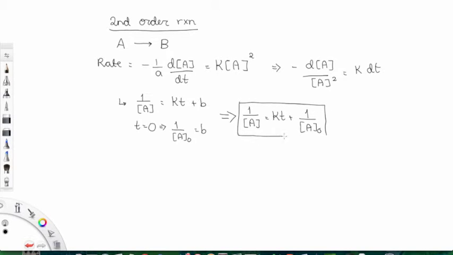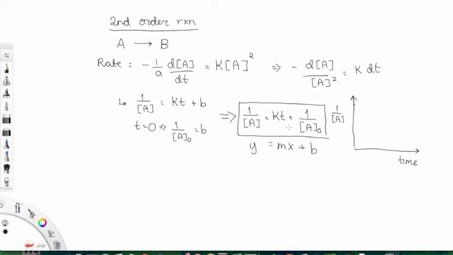Okay, now as you can see, it's written in the form of y equals mx plus b again, so we can draw the plot like we did before. This is time, and the y-axis is going to be 1 over the concentration of A. There's going to be a point which is the y-intercept, 1 over A0.